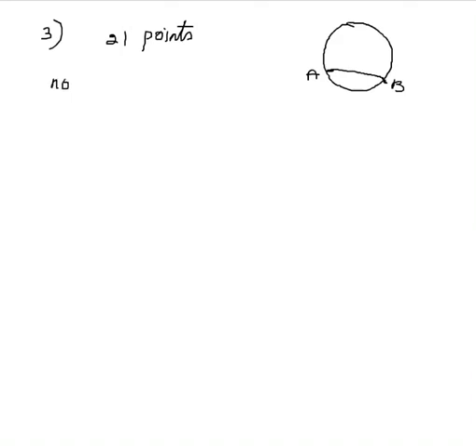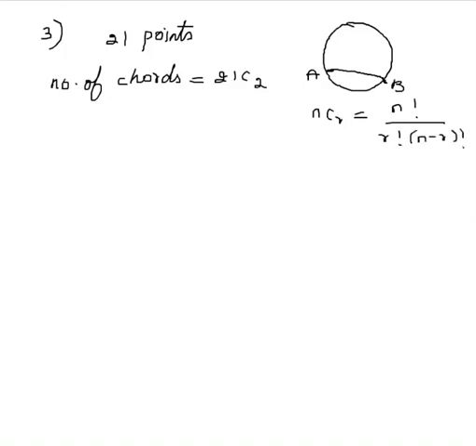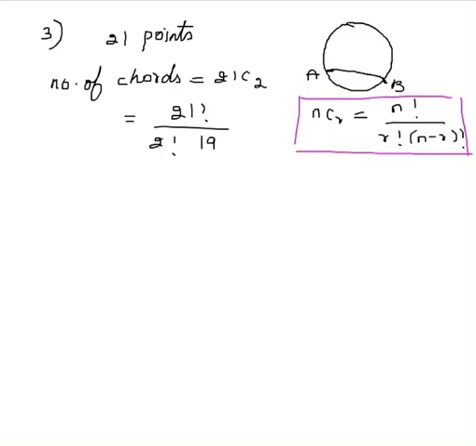So number of chords is equal to 21C2. Let us use the NCERT formula, which is n factorial divided by r factorial times n minus r factorial. 21 factorial divided by 2 factorial times 21 minus 2, 19 factorial.